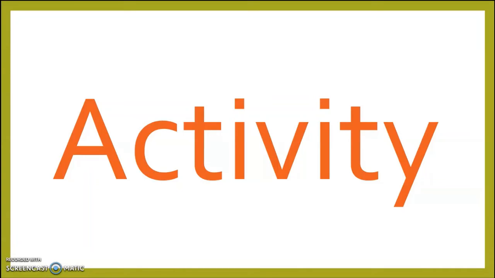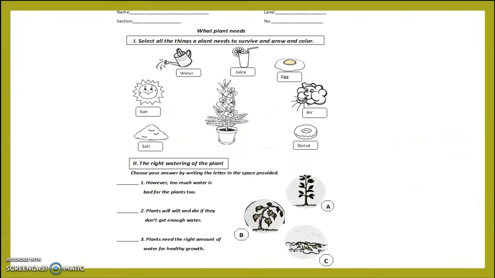Now, the activity. Write your name first, followed by the section, level, and number. Direction: What do plants need? Number 1. Select all the things a plant needs to survive and grow.